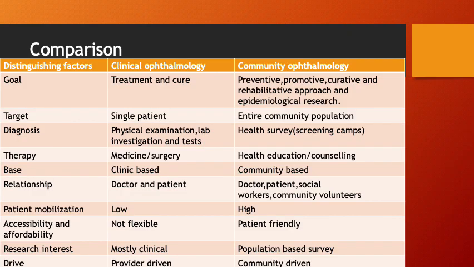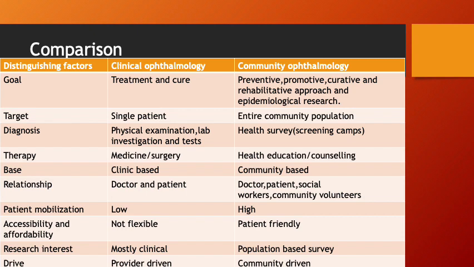Now, here we see that community ophthalmology is different from clinical ophthalmology because here we have added preventive, promotive, and rehabilitative components, and also epidemiological research. Here the target is the entire community population and not only the patient who is coming to the health facility. And diagnosis depends upon health surveys and screening camps.